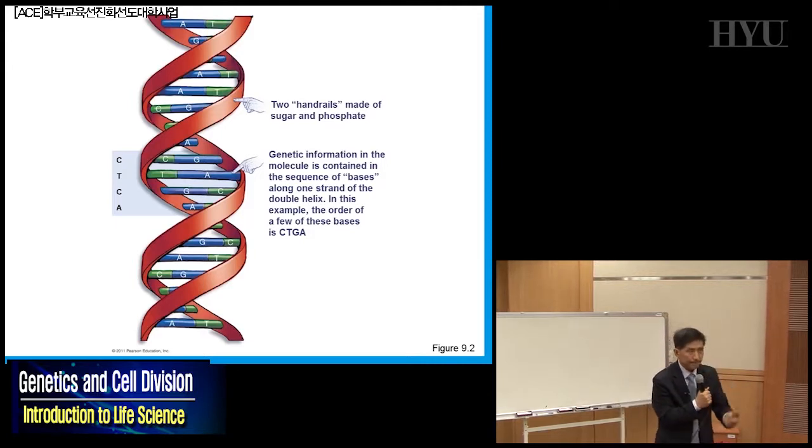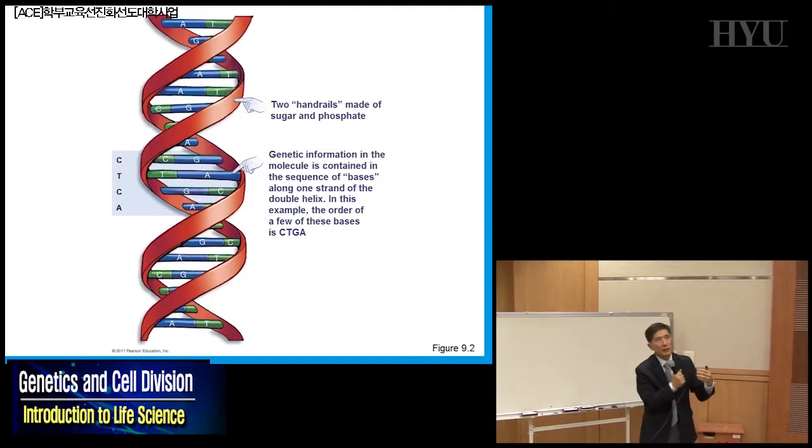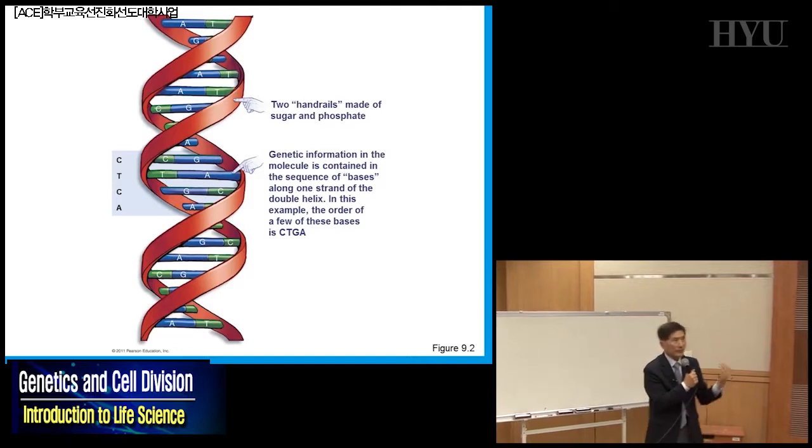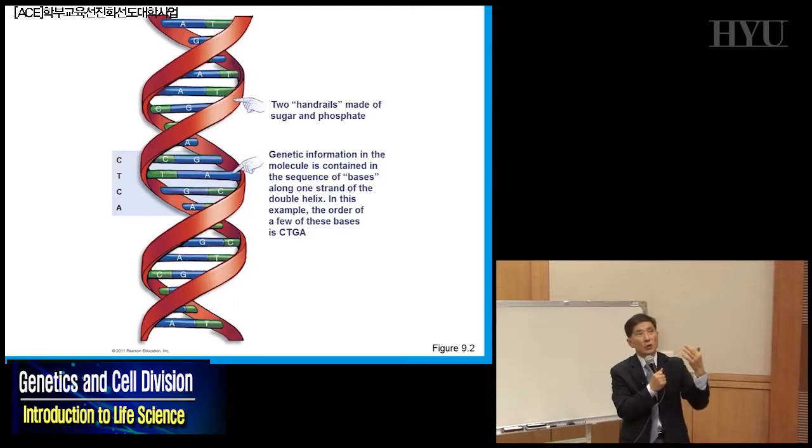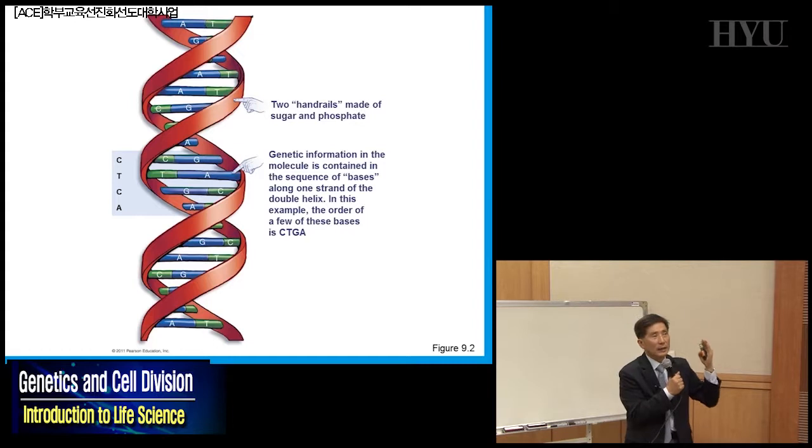The reason Watson and Crick got the Nobel Prize is that they came up with a model of what DNA should look like, a correct structure model. As soon as the structure came out, people started to understand how they could copy the exact information to the next generation.